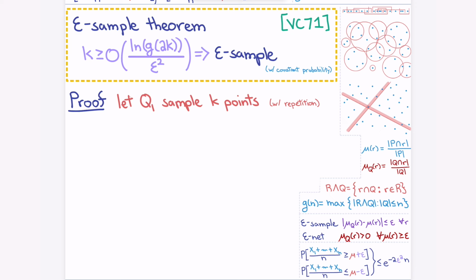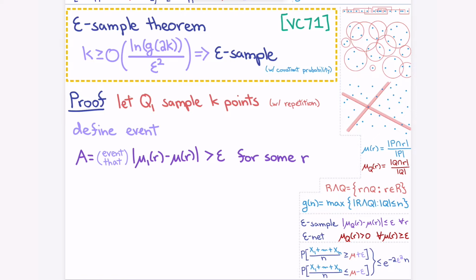Okay. So I'm going to sample k points. And I'll set up an event. This is the bad event I want to avoid: the probability I'm off by epsilon for some range. Now the proof has a very clever twist. I don't know if anyone wants to try to guess this twist before I reveal it in a moment.